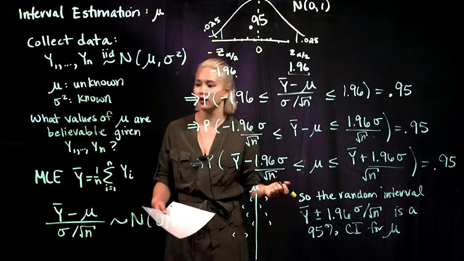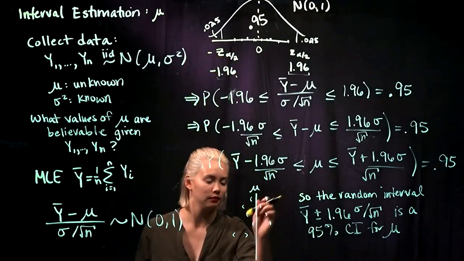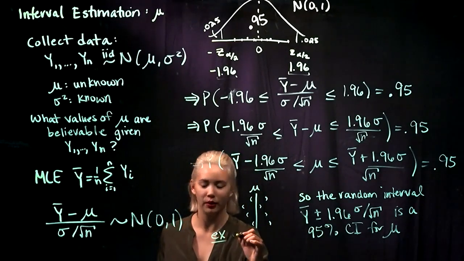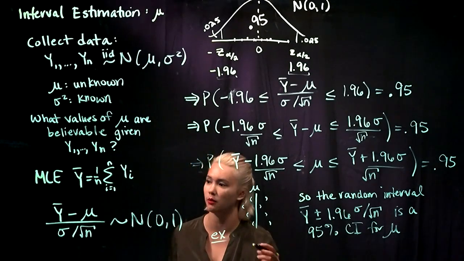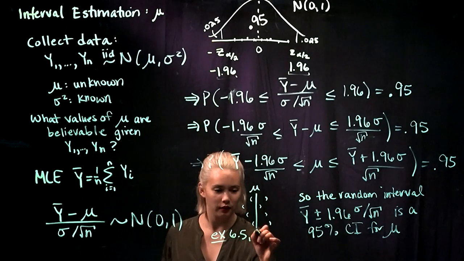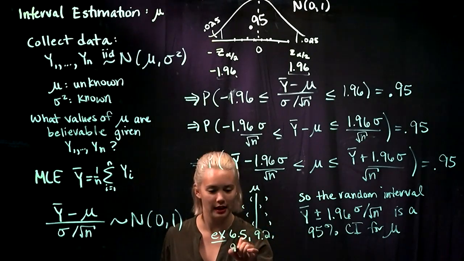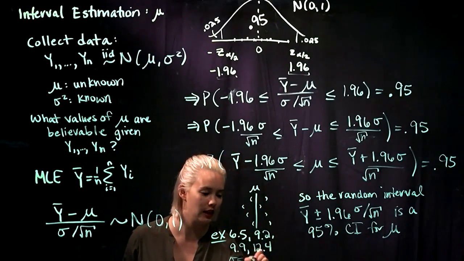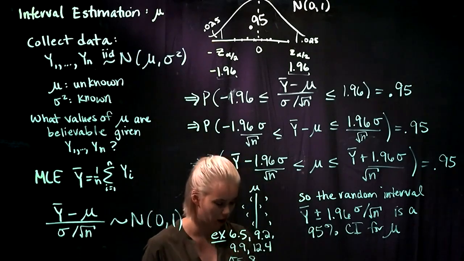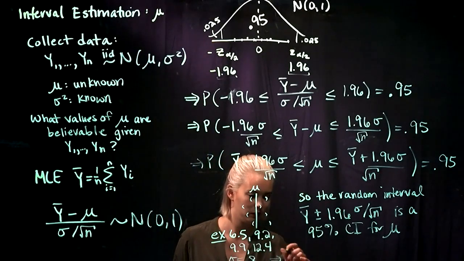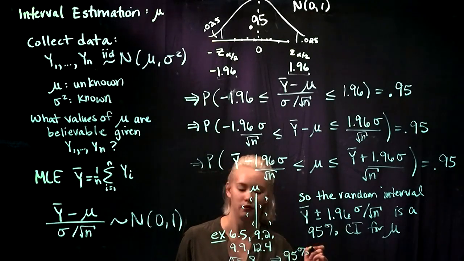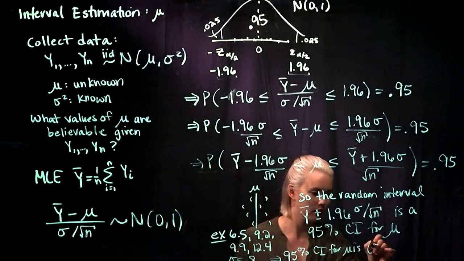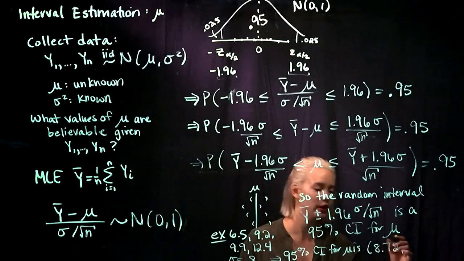So for example, if we had a sample of size 4 with numbers 6.5, 9.2, 9.9, and 12.4, and say that sigma equals 0.8, then our 95% confidence interval would go from 8.72 up to 10.28.